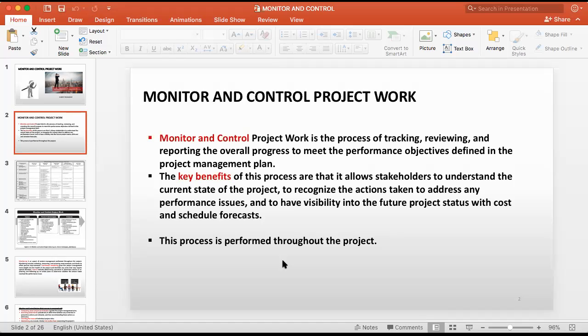You just can't leave the work and go and enjoy in some other place. No, that's not the way, because while you are working, you have to be at it. That means you have to keep your track always with the project. So tracking is very important. Reviewing is important. Reporting is also important. Tracking, reviewing, and reporting is your main task as the project manager.